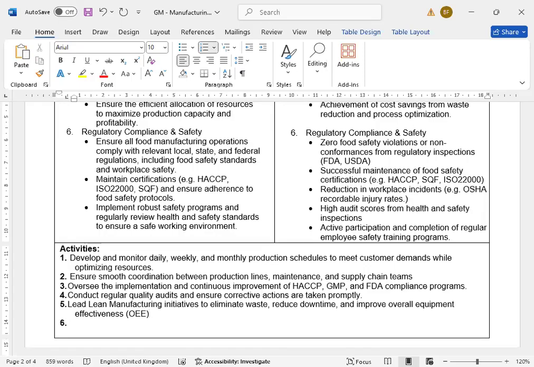Okay. Then monitor key performance indicators or KPIs, and adjust processes to achieve production targets.